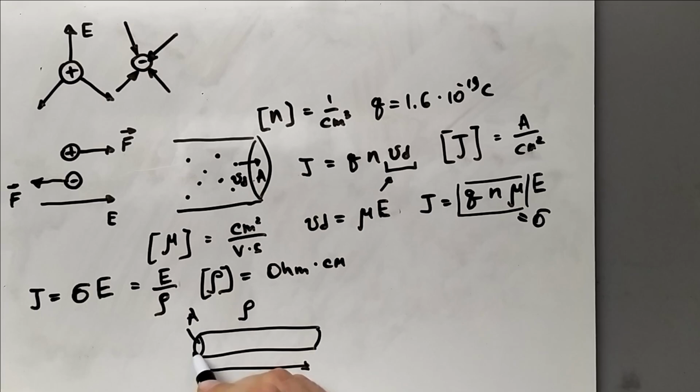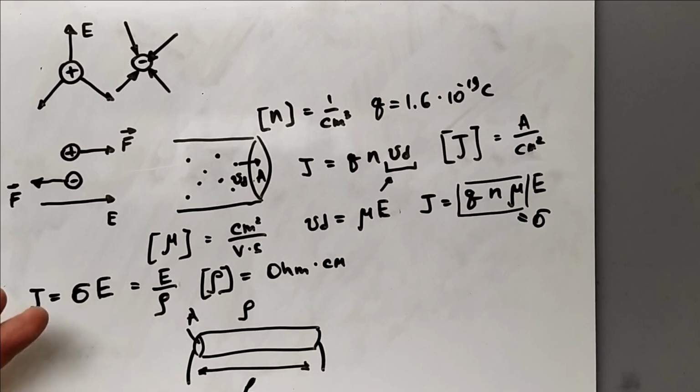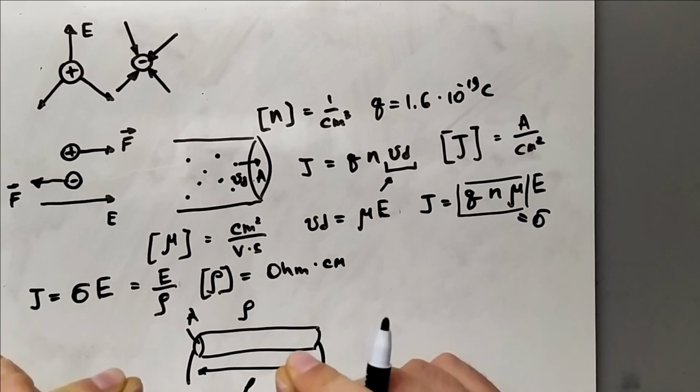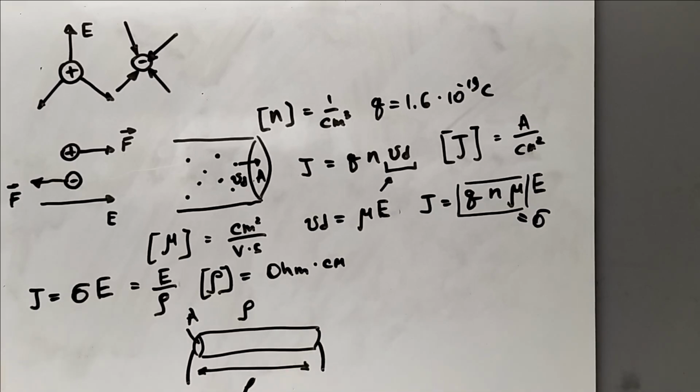If we measure resistance between these edges of the metal rod, what will the electrical resistance be? That's actually what we did with the multimeter previously. We placed it between 2 points and measured electrical resistance between these 2 points.